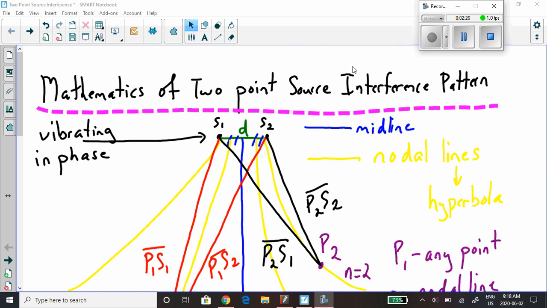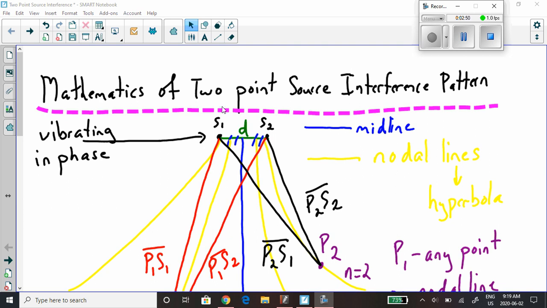And some areas had constructive interference, it was loud. Some areas had destructive interference, it was not as loud. And we observed it, and it was very much a qualitative look at this. What we want to do now in grade 12 is put some equations to it, so make it very much mathematical.